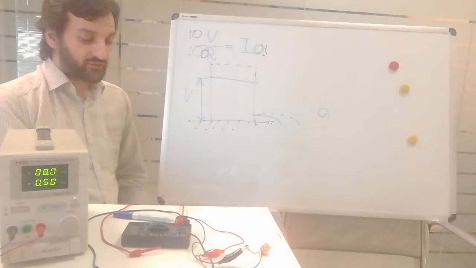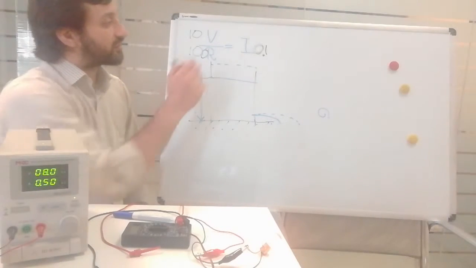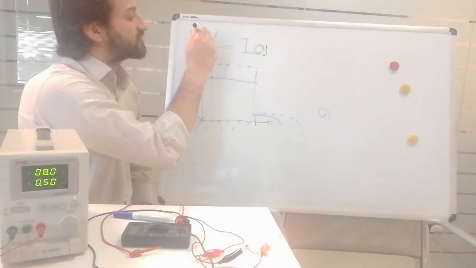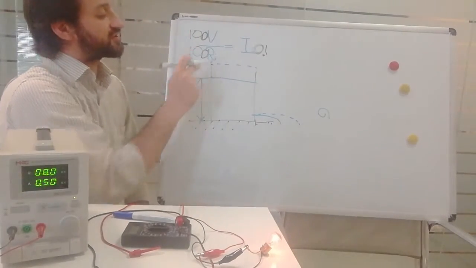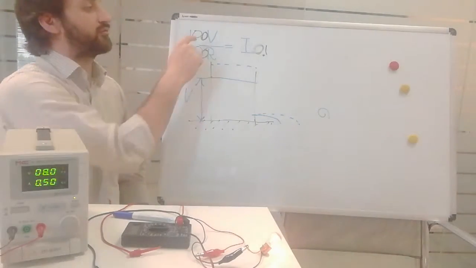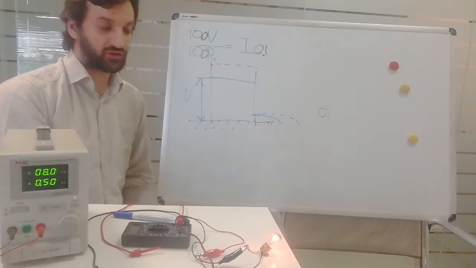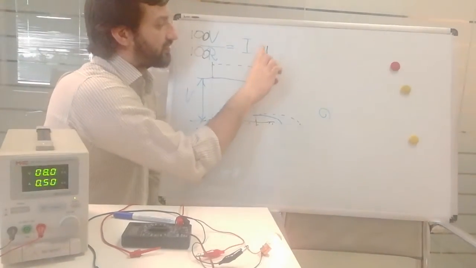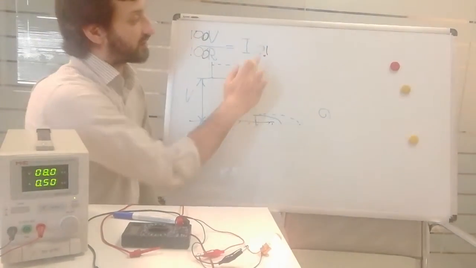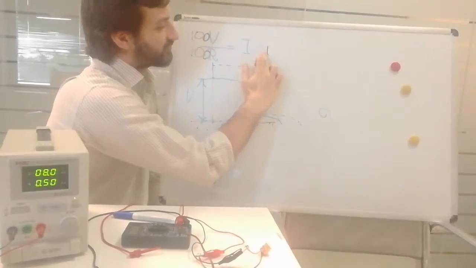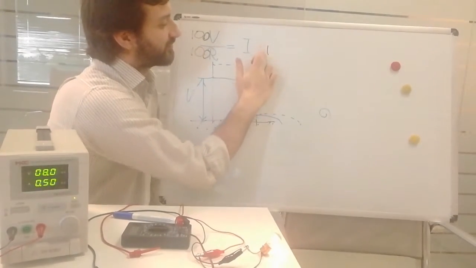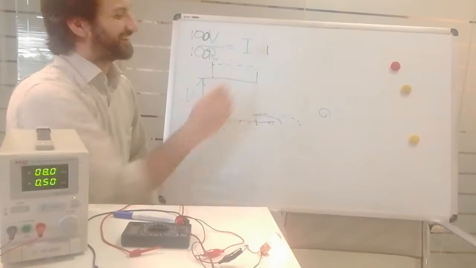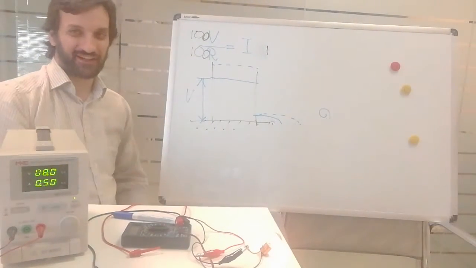Well, what if we increase our voltage? We increase the resistance, but at the same time we also want to increase the voltage. Well, the current is going to go back to 1 again.